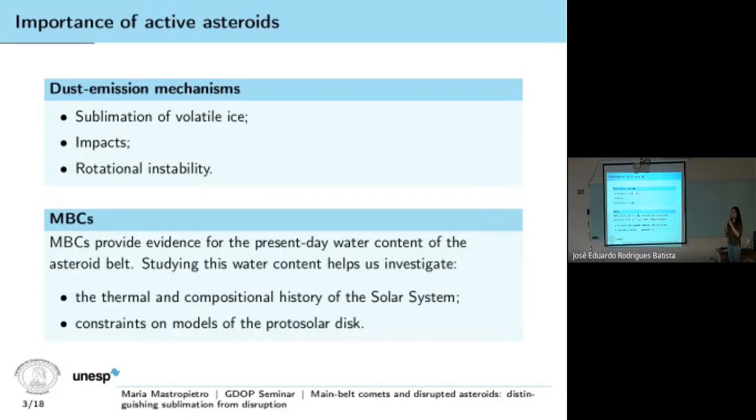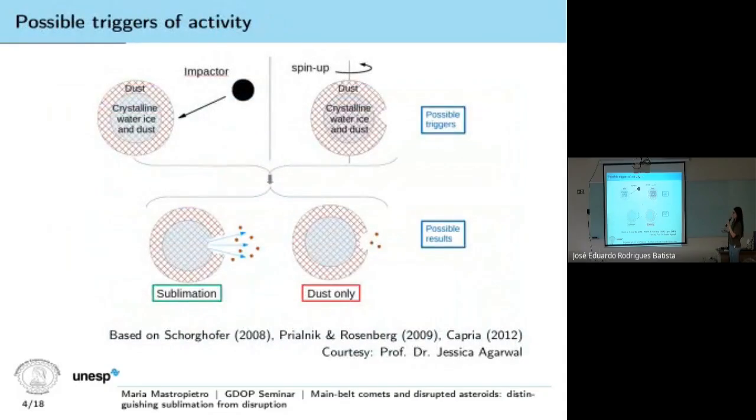So when we observe an active asteroid and we observe the dust emission, is it proof of the presence of water, or is it just dust emission produced mechanically? And this is not always straightforward.